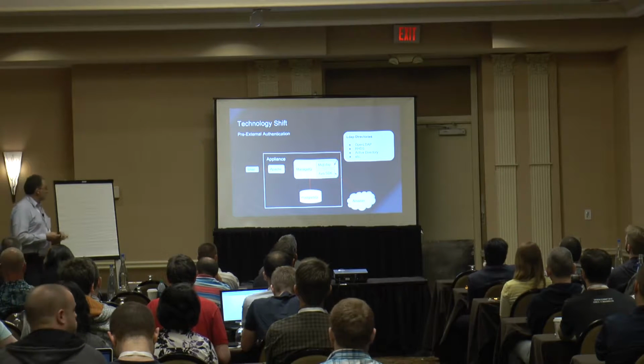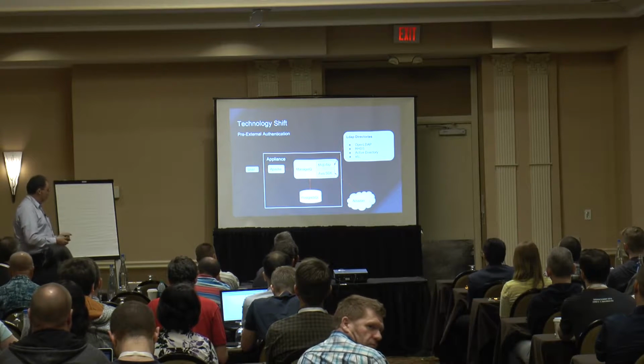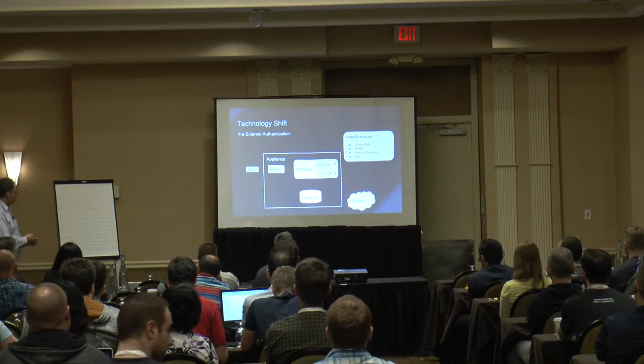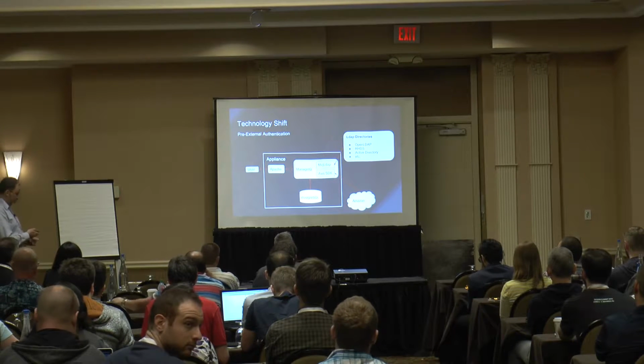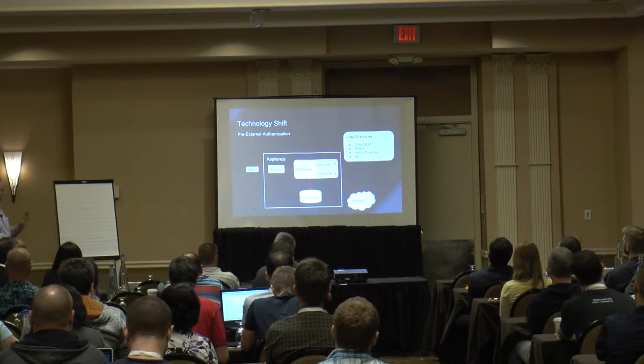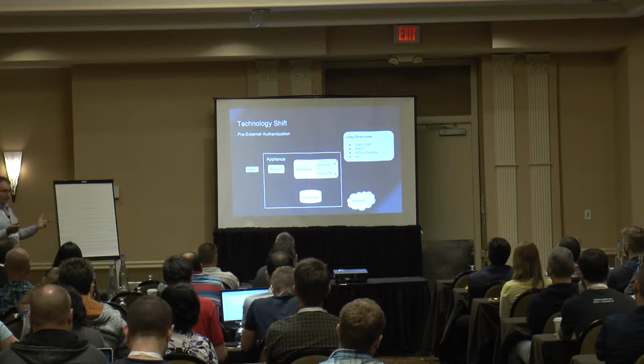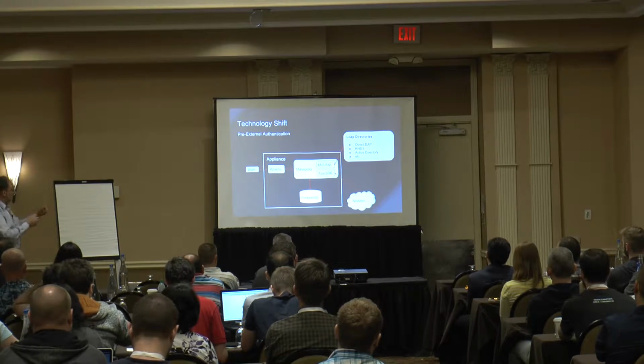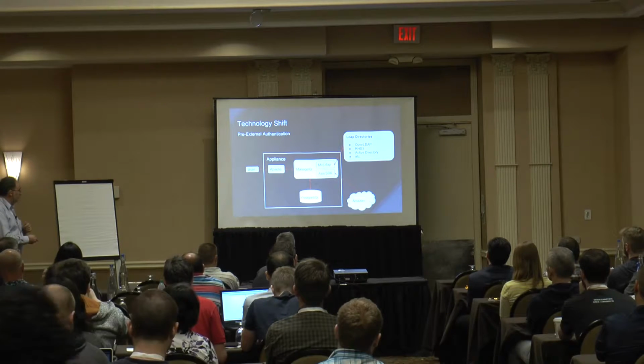Okay, so again, going back to the early days. A user would come in to the appliance. Essentially, Apache would be our proxy, our balancer, but once they're in, the authentication is all done inside.